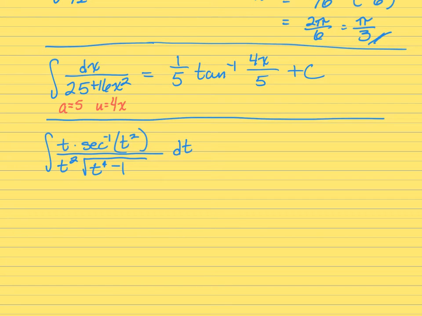We're going to want to see if we can make some substitutions here and see if some things will simplify. All right. So the first thing we might try is something like this. We might say, okay, let's let u equal t squared.